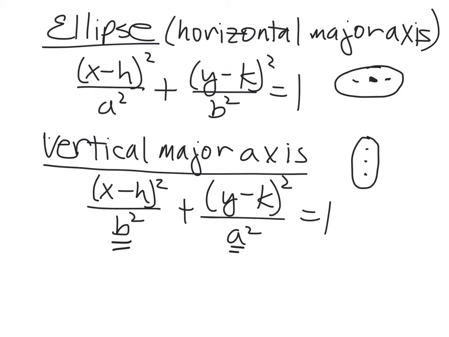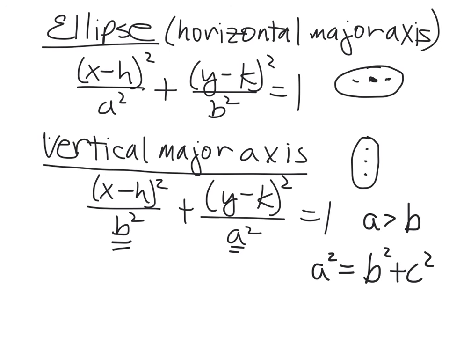The way we tell that: the major axis is 2a. It's longer than the minor axis. So technically, a is going to be greater than b. So the largest denominator is going to show us whether we have the horizontal or the vertical major axis. Another thing to remember, in both cases, a squared is equal to b squared plus c squared.